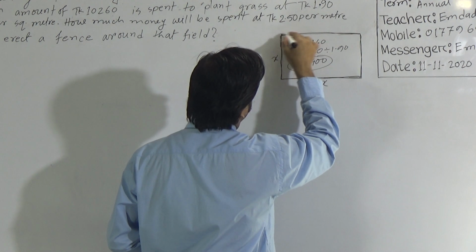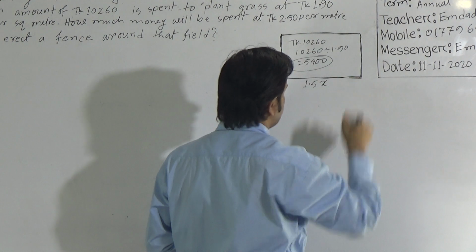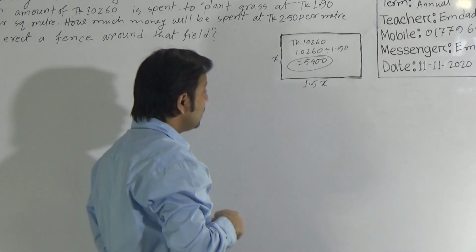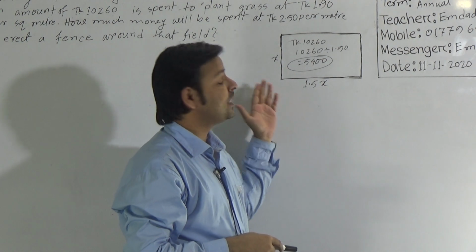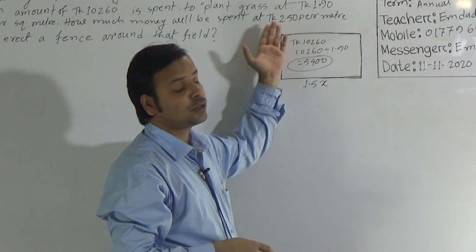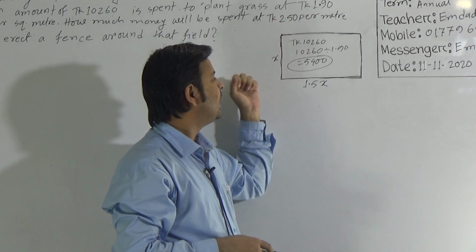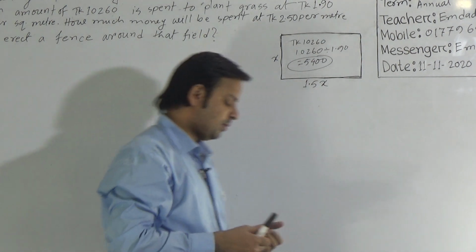So we have to find the perimeter, the total length of these four sides, and to find the total cost we have to multiply that perimeter by the cost per meter. Okay, so from the given condition we can solve our question now.